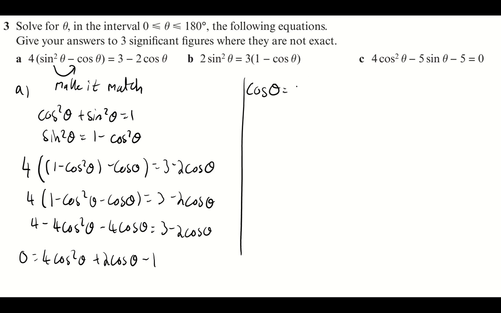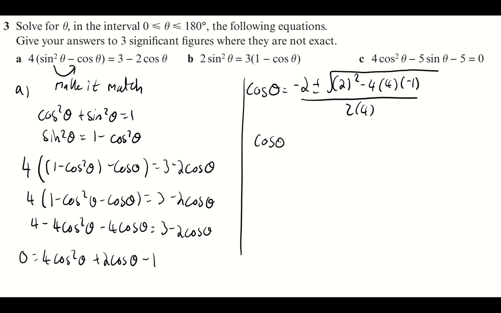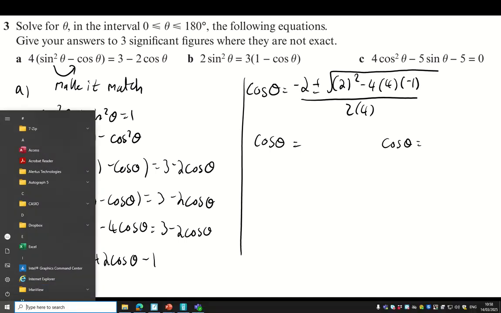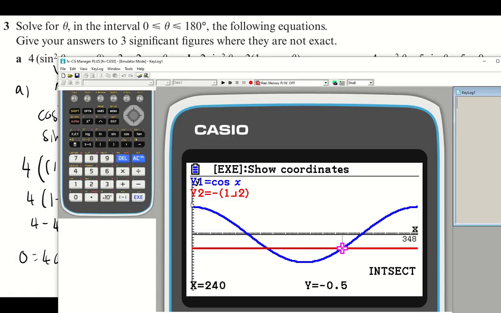Remember that we will need to write out the quadratic formula to make sure we get our method mark for attempting to solve the quadratic. So 4ac over 2a, and that's going to give us two values for cos. I will grab the calculator to show you that working.